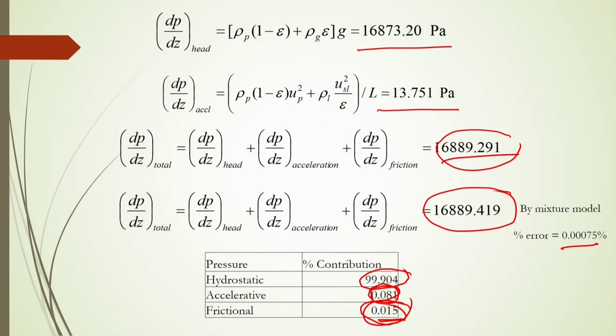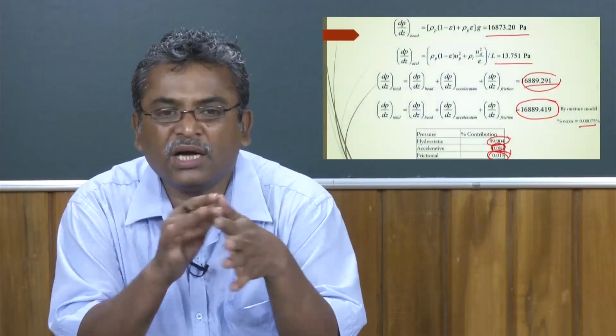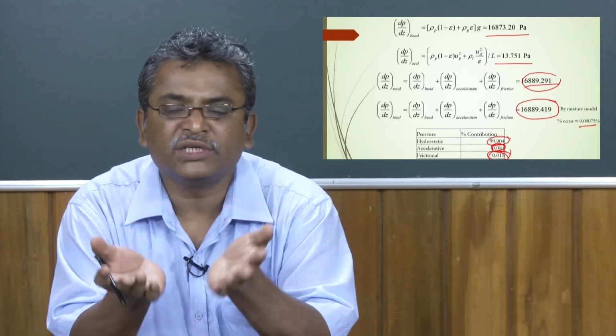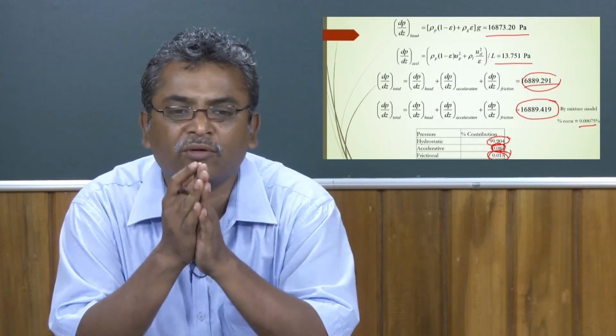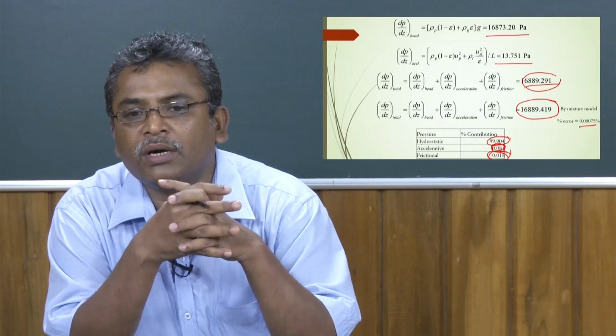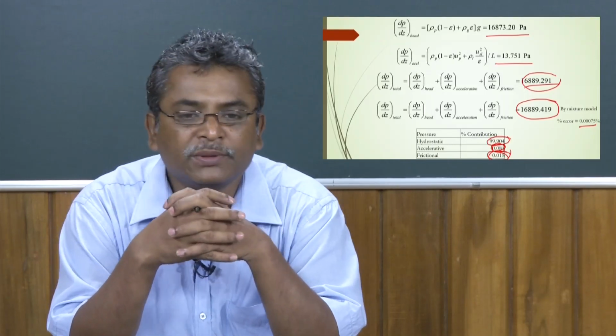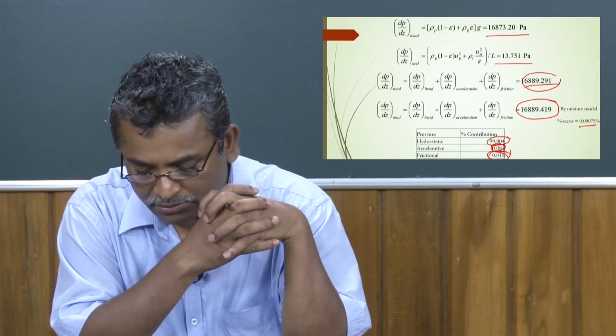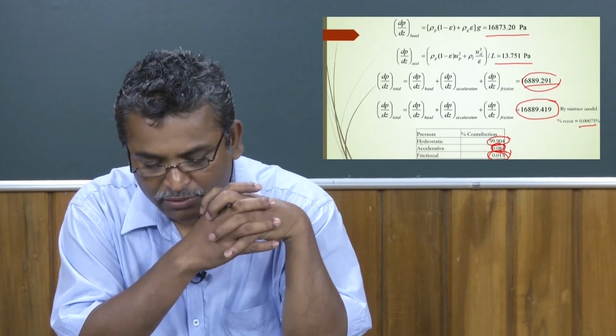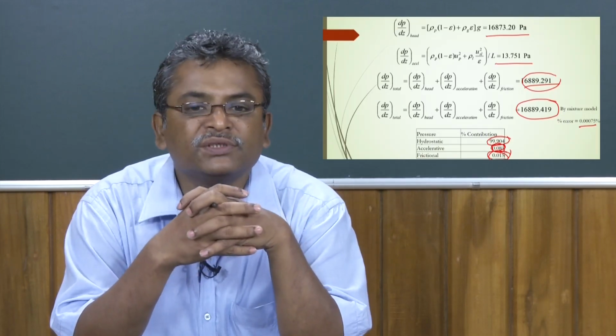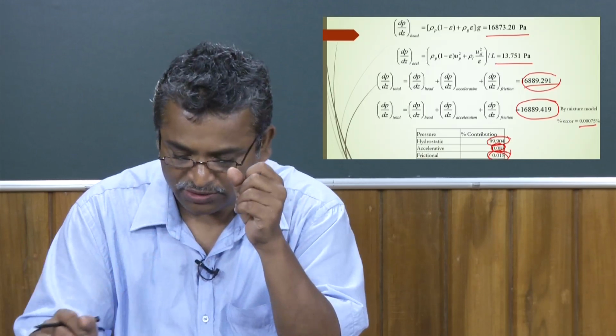So, by this example you can see how the frictional pressure drop will change, what will be the terminal velocity and the drag coefficient, how the total pressure drop is contributed by the different components, and then of course, you can calculate the total pressure drop inside the bed by this concept.